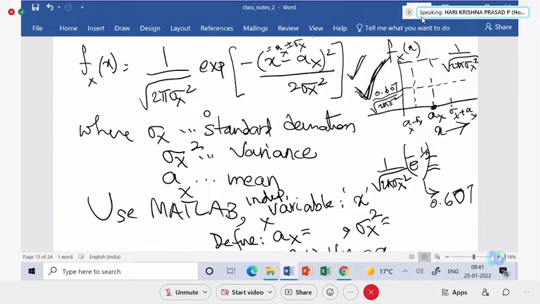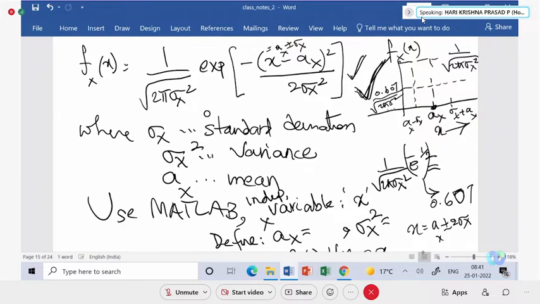Like that, you compute the value of the density function at x equal to a_x plus or minus 2 sigma_x, and at distinct values of x, you compute the value.